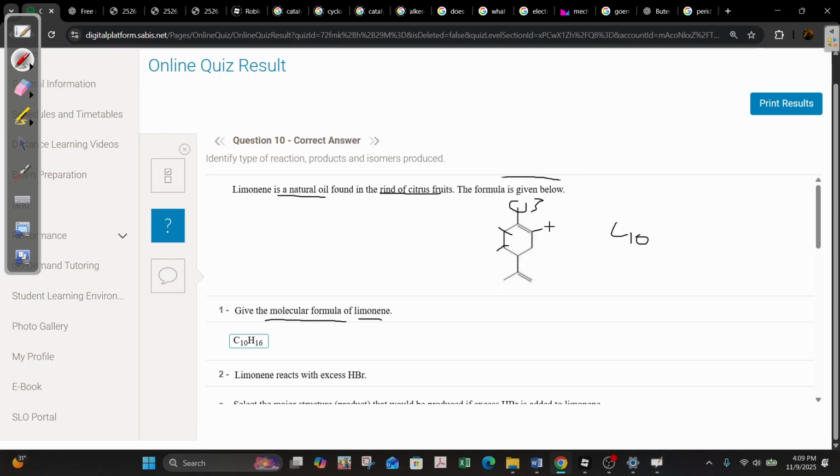There's 1 right here, and there's 2 right there. 1, 2, 3. There's a hidden hydrogen there. This is 3 right here, and this is 2. So how much is there? 3, 4, 5, 6, 7, 8, 9, 10, 11, 12, 13, 14, 15, 16. C10H16. Okay, nice.